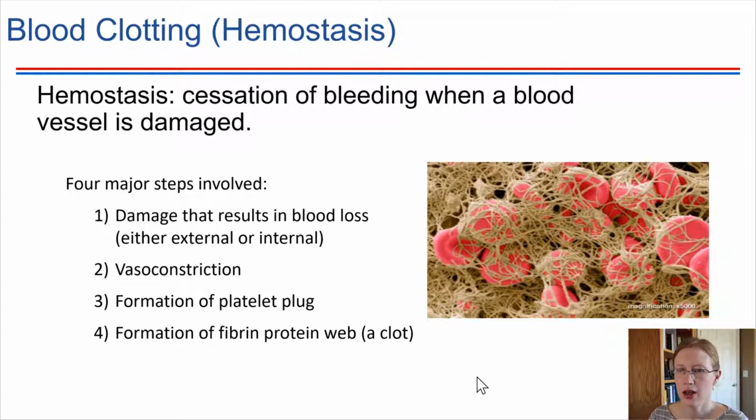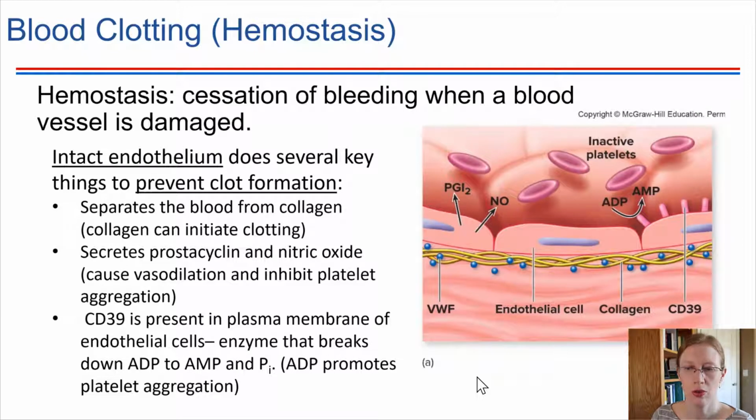So to understand how all of this works, to get into step 1, what we need to do is talk about a healthy blood vessel wall. So an intact blood vessel. So no problem yet. Let's just take a look at the normal layout of things. Inside of our blood vessels, there is endothelium, and that endothelium does some very important things. Number 1 is just that it's providing a separation from the blood out here on this side.